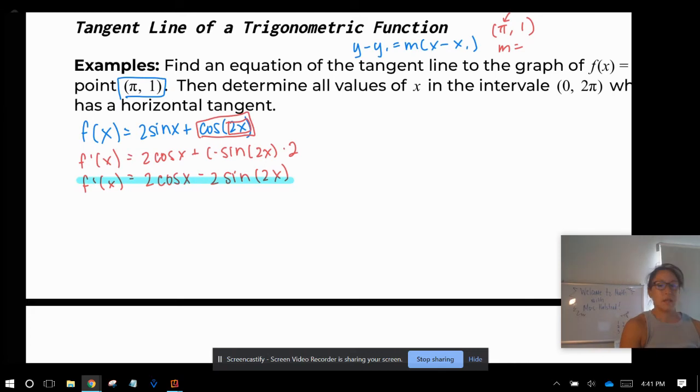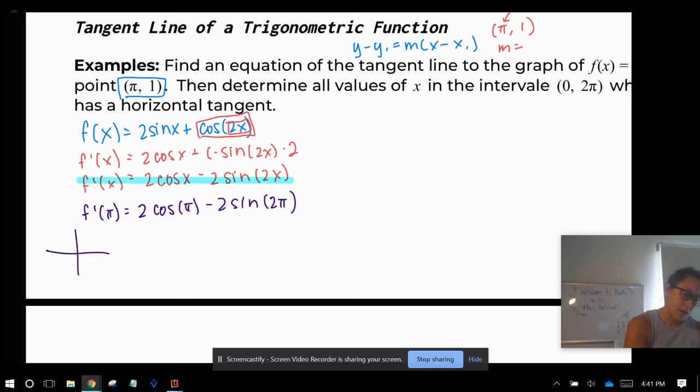I want to find the slope when x is equal to pi. So I'm just going to substitute in pi for x, and that'll give us the slope. 2 times the cosine of pi minus 2 times the sine of 2 pi. And just a reminder, when I have 2 pi and pi, the coordinates are (1, 0) and (-1, 0).